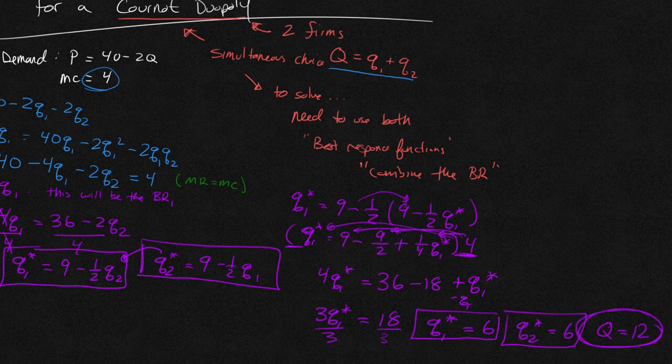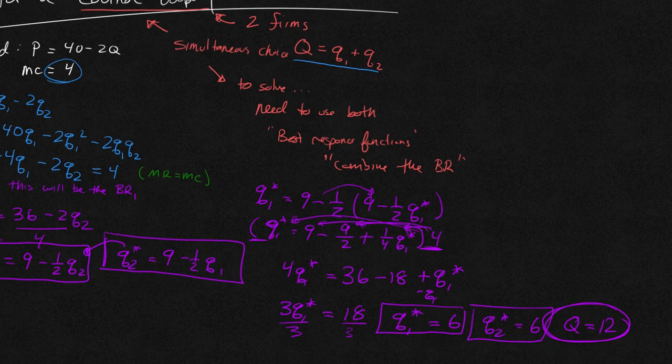So remember, we started this saying we wanted to find the quantity. Well, I'm running out of a little room, but we're just going to put an arrow, say, hey, we'll do it up here. Now we want to find the price. Well, we know the market demand from the very beginning, which you can still see here on the screen, is 40 minus 2Q.